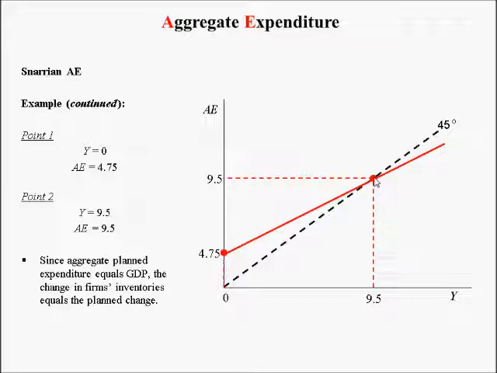Well, your pancake flour is being depleted by 50 pounds an hour, and you're replenishing your pancake flour by 50 pounds of flour an hour. Okay? So the change in firms' inventories equals the planned change.